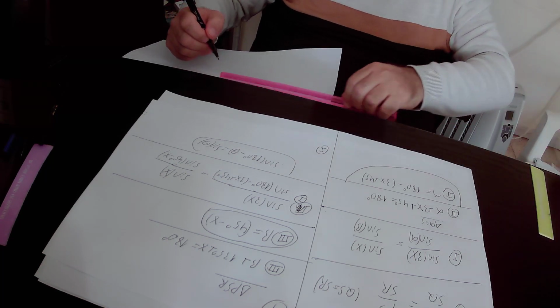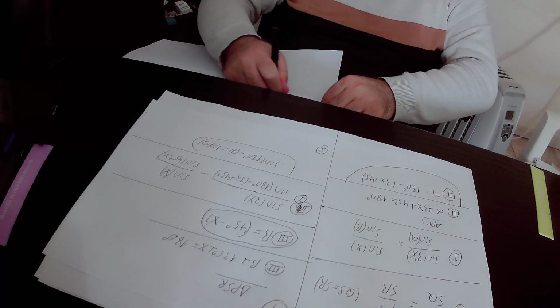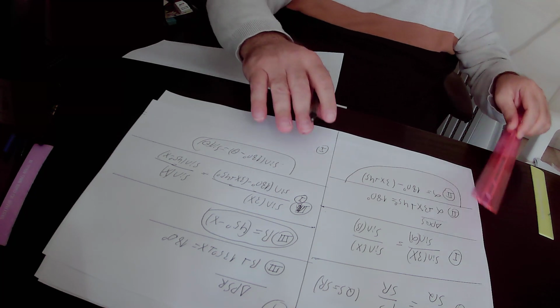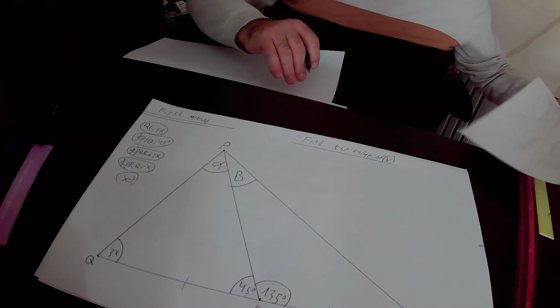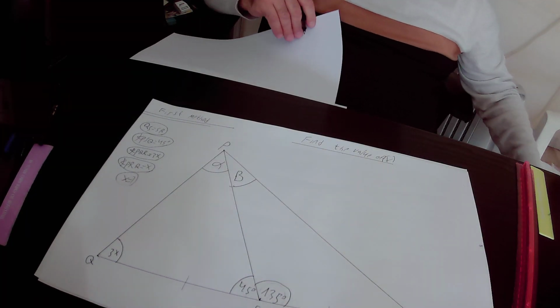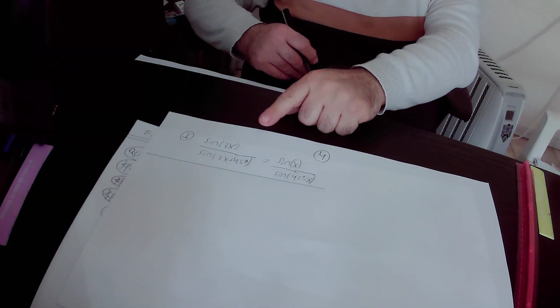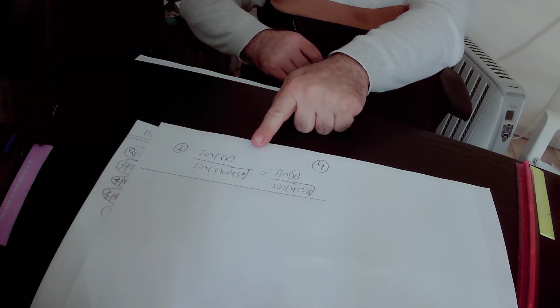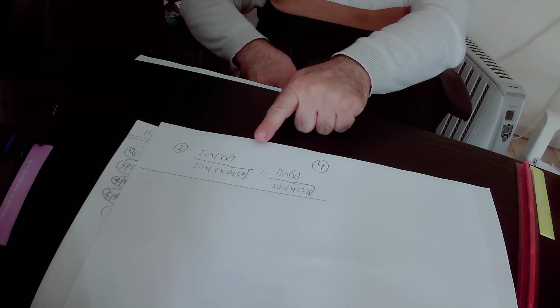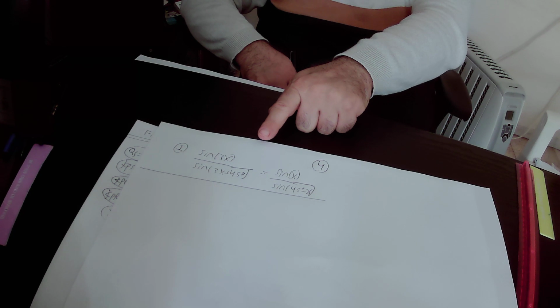So we got equation number 1 that states that sine 3x over sine (3x plus 45 degrees) equals sine x over sine (45 degrees minus x).